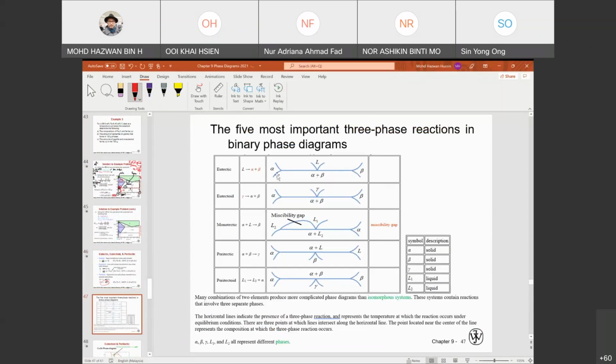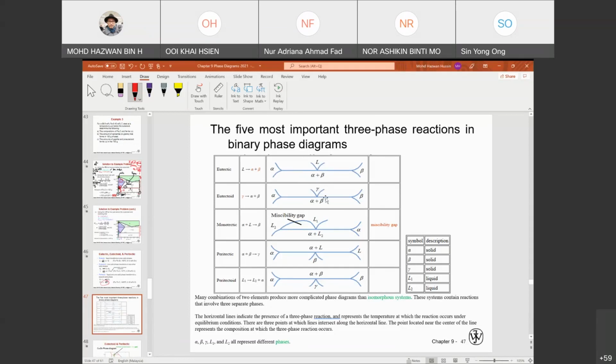The trick is, if you have a horizontal line and a phase boundary of maybe the liquidus, if the V shape is on top, then we are looking at the reactant, which is liquid, and the product is at the bottom. So liquid, and the product will be alpha plus beta.